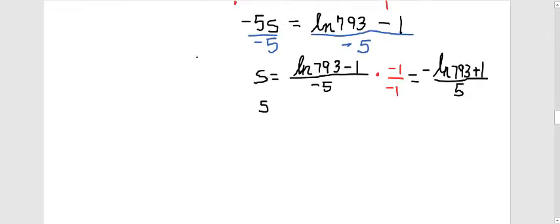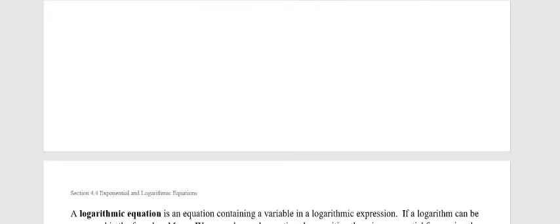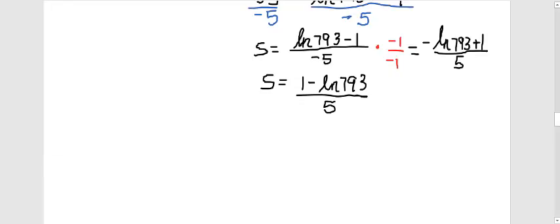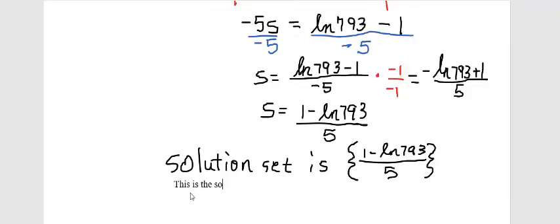And you don't have to do this, but I want to have fewer negative signs. So this becomes (negative natural log 793 plus 1) over 5, which I can write as (1 minus natural log 793) over 5. So my solution set is 1 minus natural log 793 divided by 5. And this is the solution set in terms of natural logarithms.